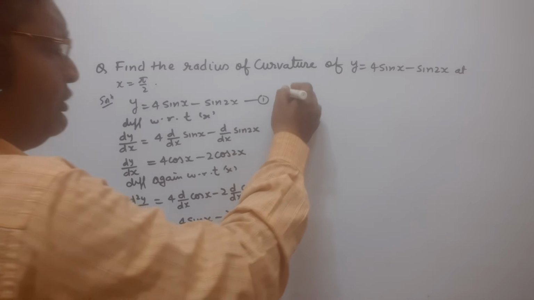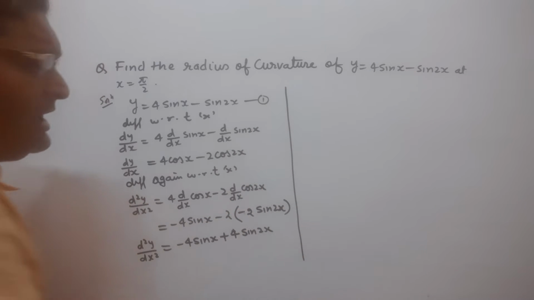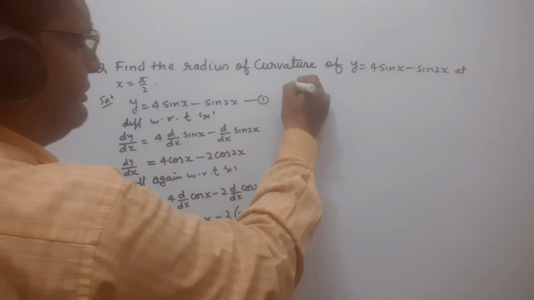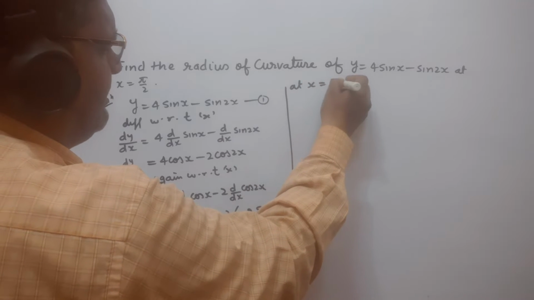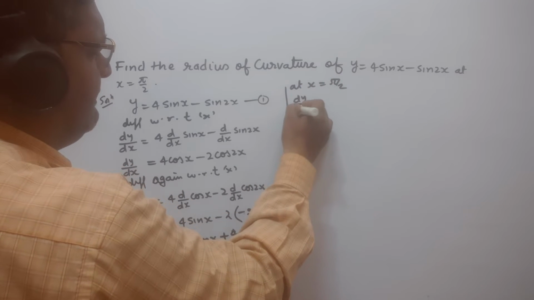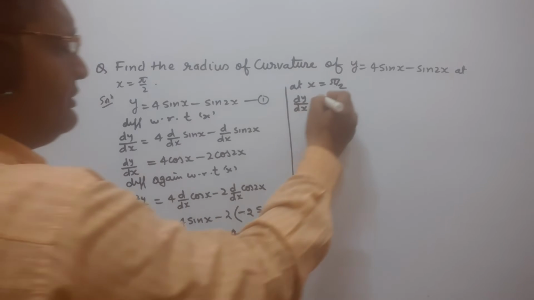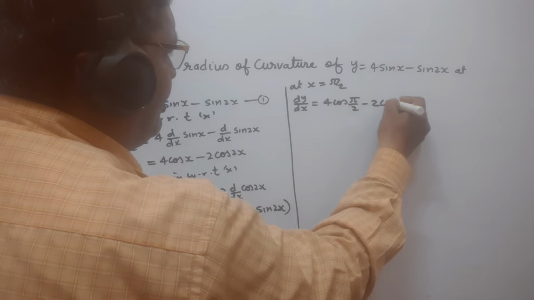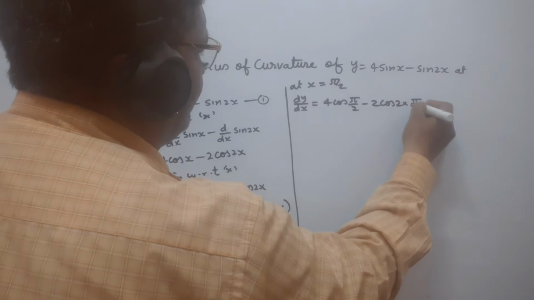Now we find the value of dy by dx and d2y by dx2 at the point x equal to pi by 2. So at x equal to pi by 2 we find dy by dx, that is 4 cos pi by 2 minus 2 cos 2 into pi by 2.